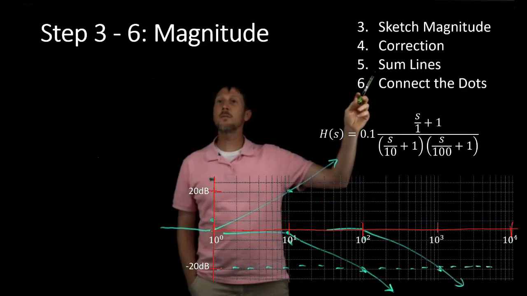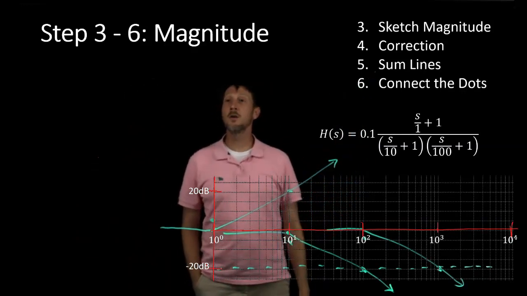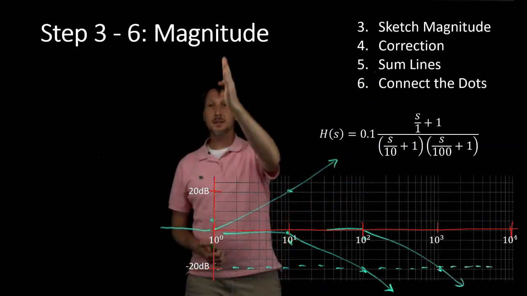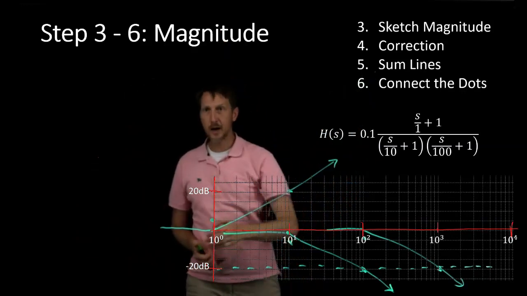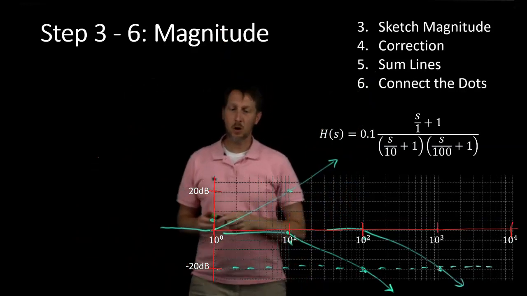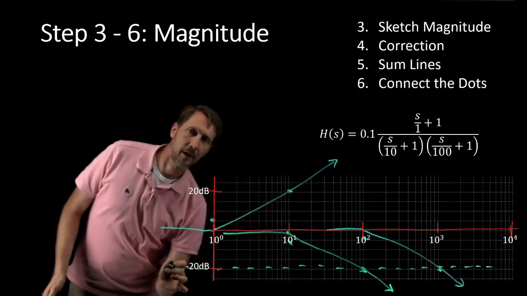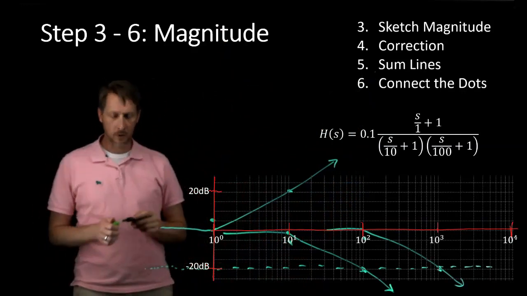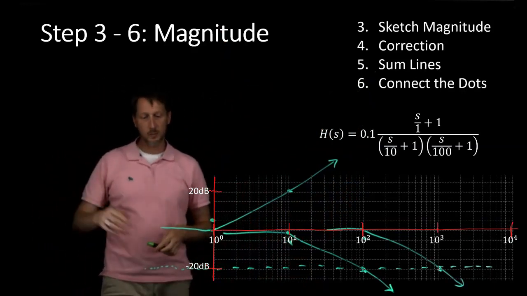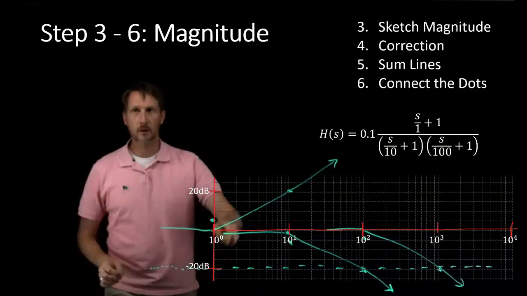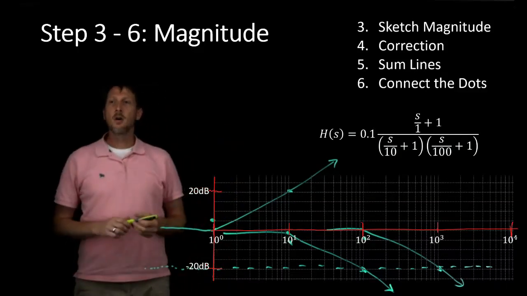The next thing we do is sum the lines. When we sum these together, we look at a single frequency value and we sum all the things that are happening at that single frequency value. So I'm going to extend the constant out a little bit further so we can go a little bit to the left of the axes here.